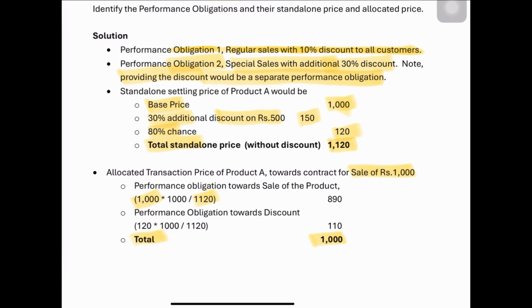If you do the prorated working, the base value for 1000 would come to 890 and the discount value will come to 110. So this is how the transaction price is allocated to the two performance obligations. For obligation number 1, which is the sale of the product, the transaction price is 890, and for obligation 2, which is providing the discount, the allocated transaction price is 110.